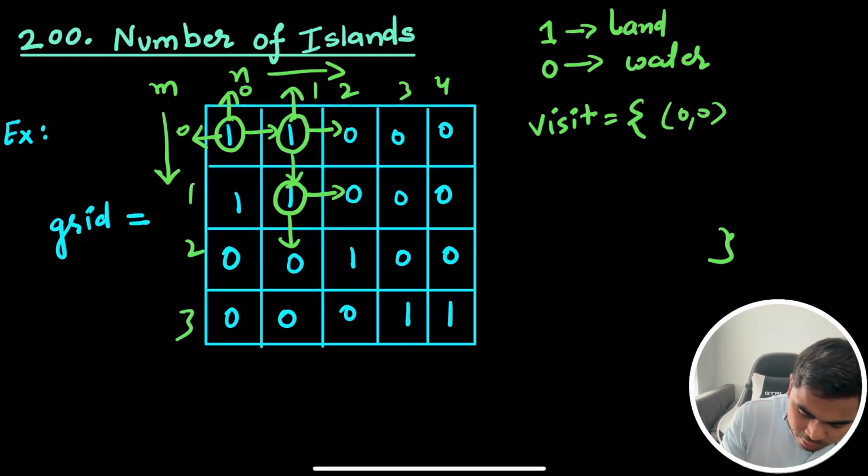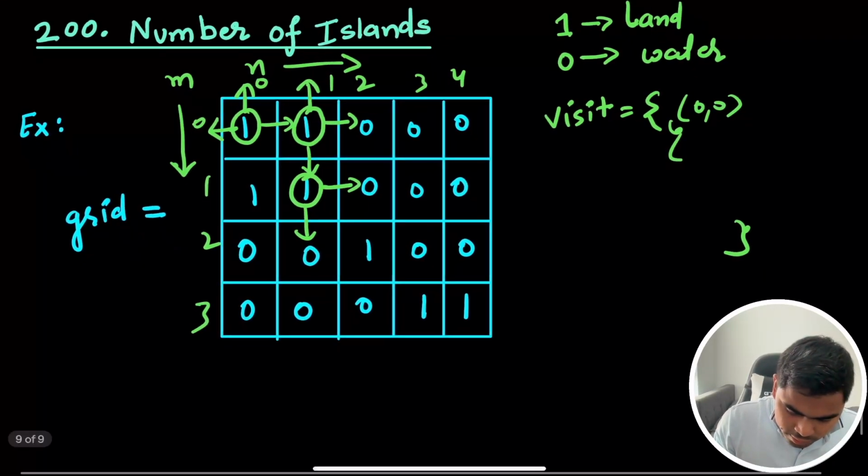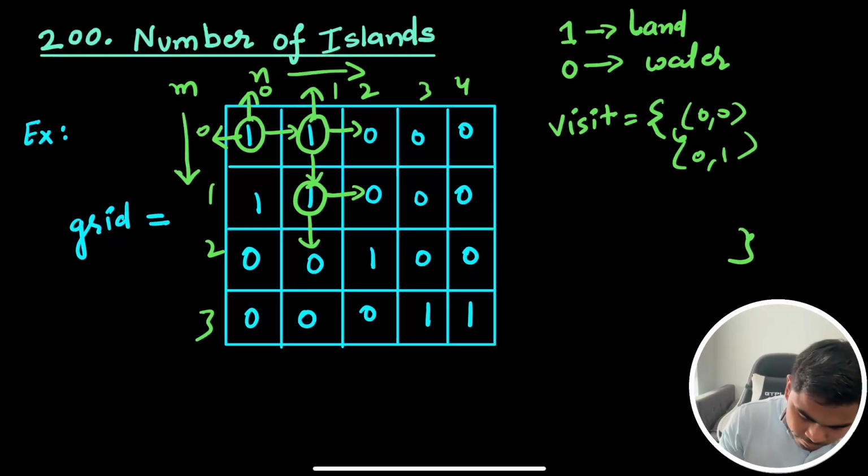So I visited 0,0, then 0,1, then 1,0 and 1,1. Then I'm going to visit this one, which is 1 and 0.